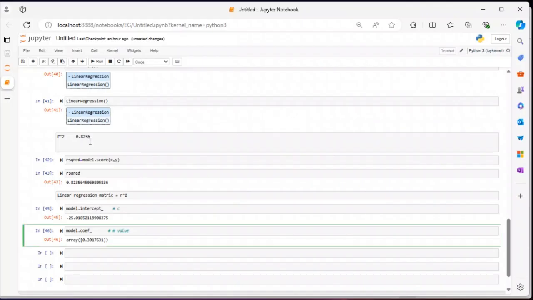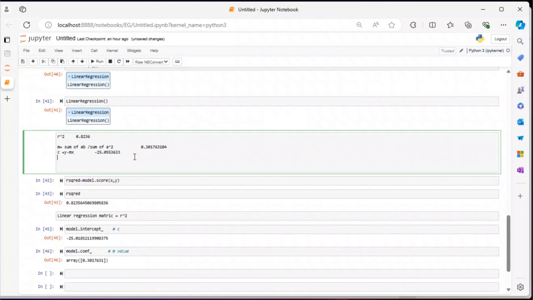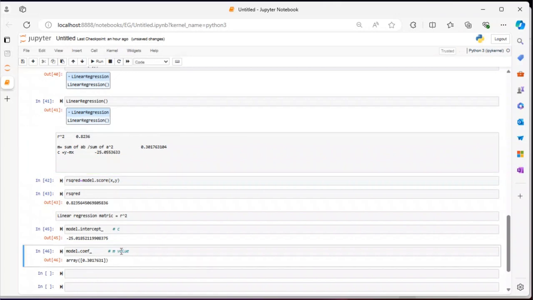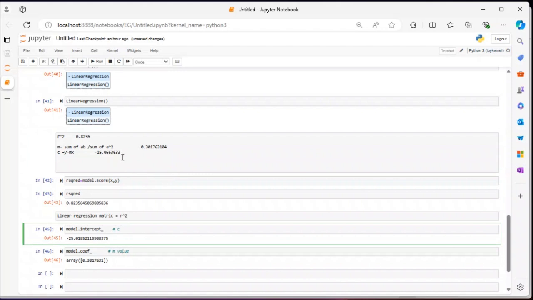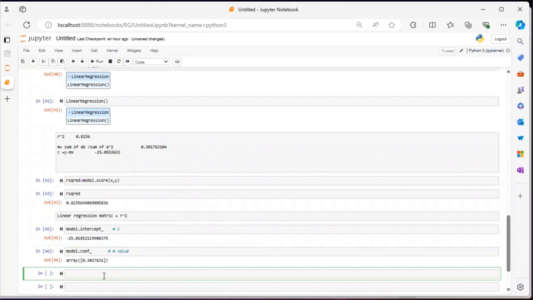This is what we got, 301. We got exactly the same coefficient m value here, and c also we got minus 25. So we already got the m and c values.